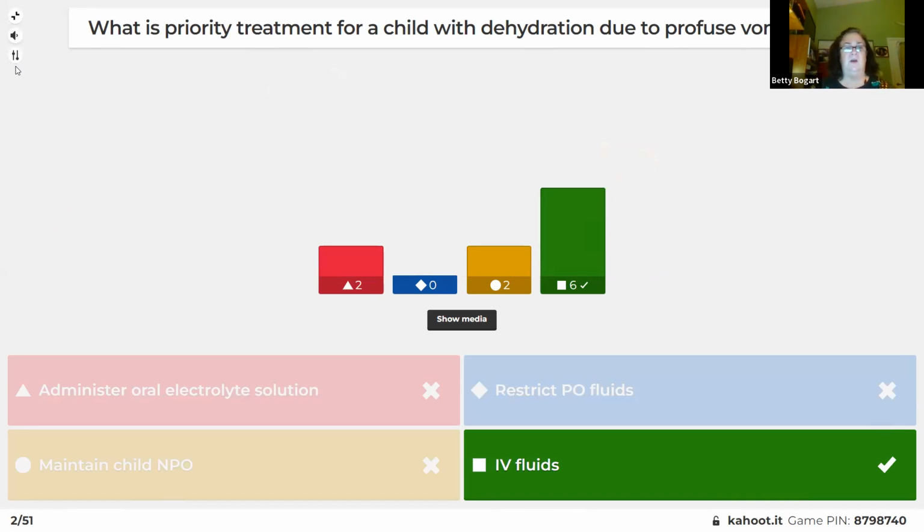How are you going to try to give a child oral electrolytes? Not going to happen. And maintain them NPO? No, not for a long period of time. We'll give IV fluids, we'll give something for the nausea and vomiting, and then slowly reintroduce oral.